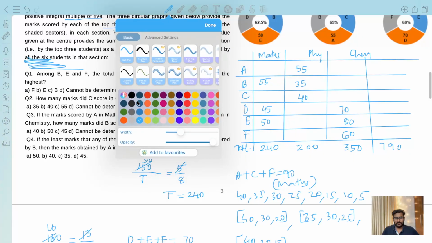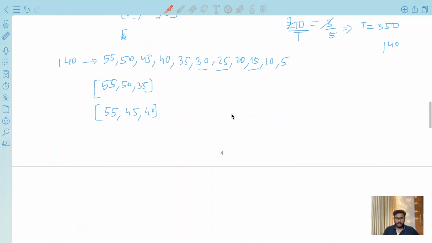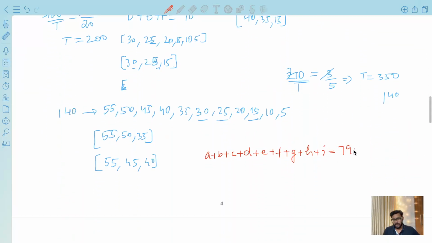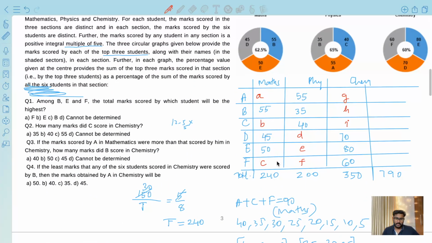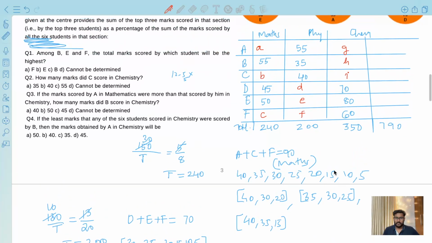Let's put some different color. A, B, C, D, E, F, G, H, I. So A plus B plus C plus D plus E plus F plus G plus H plus I equals 790 minus what? 150 plus 210 plus 130, basically these sums.